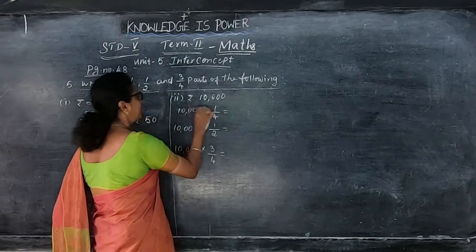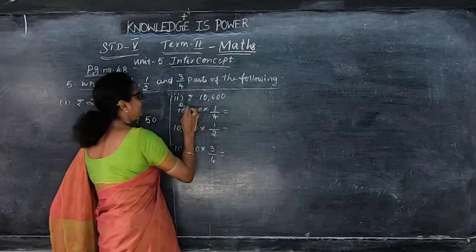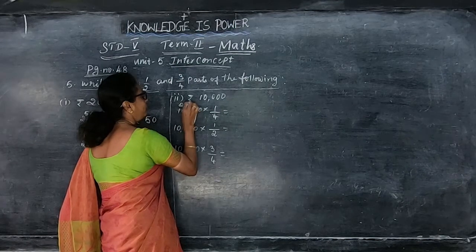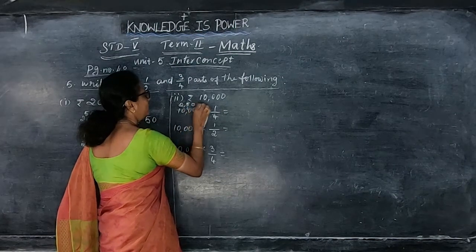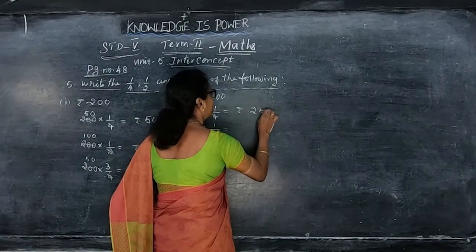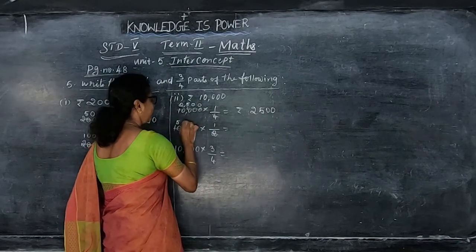In 4 tables, 4 twos are 8 and balance is 2, that is 20. 4 fives are 20. So 2,500 rupees. Then 2 fives are 10, 5,000.